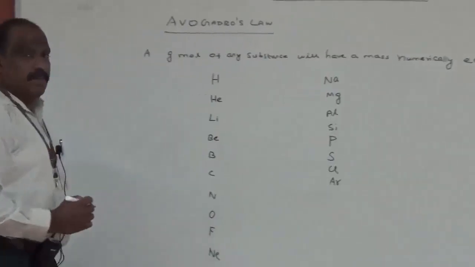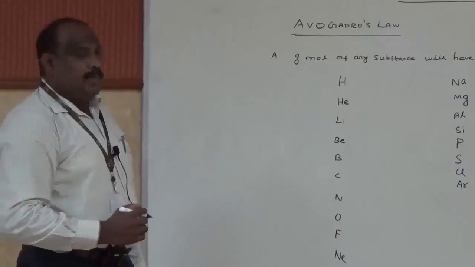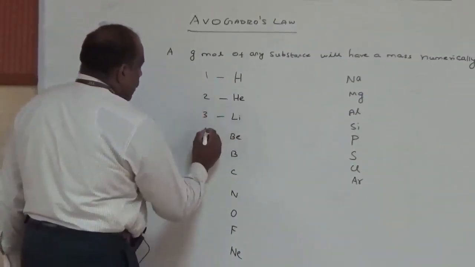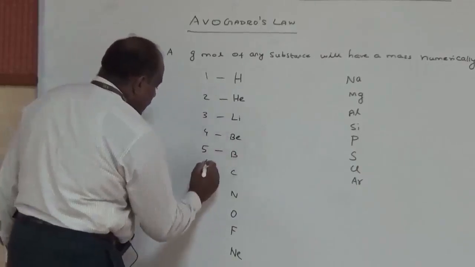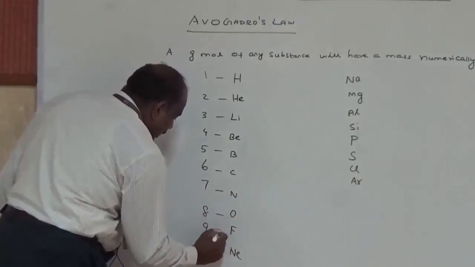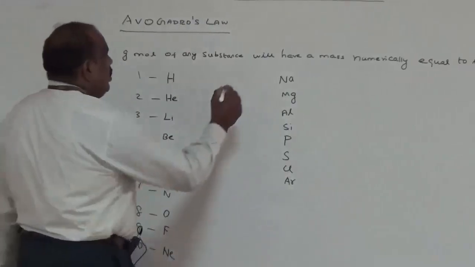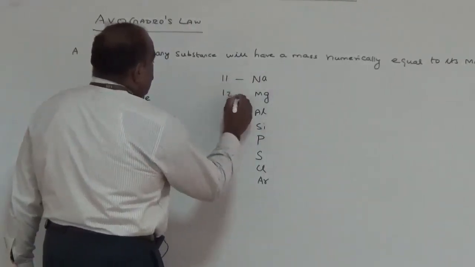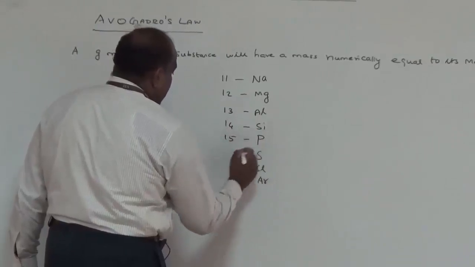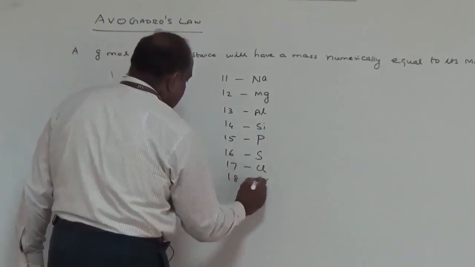Okay, let us have the first 18 elements. These elements are arranged according to increasing atomic number: 1, 2, 3, 4, 5. Carbon is atomic number 6, nitrogen 7, oxygen 8, fluorine 9, neon 10, sodium 11, magnesium 12, aluminum 13, silicon 14, phosphorus 15, sulfur 16, chlorine 17, and argon 18.